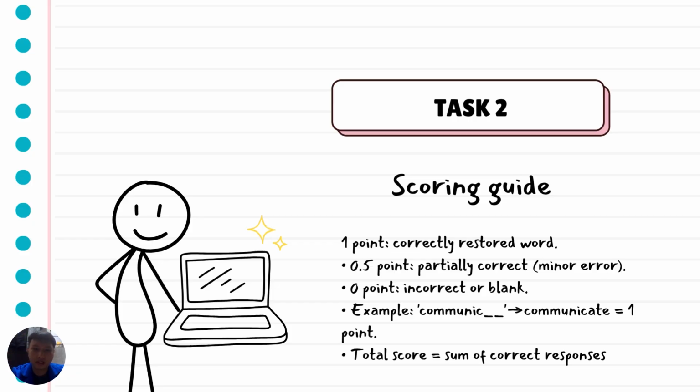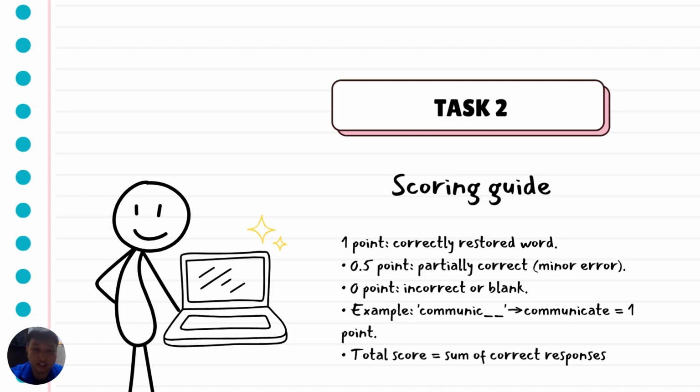For 1 point, it is for a correctly restored word. We can see who is at which level. High scores mean advanced, middle scores mean intermediate, and low scores mean they need more practice.